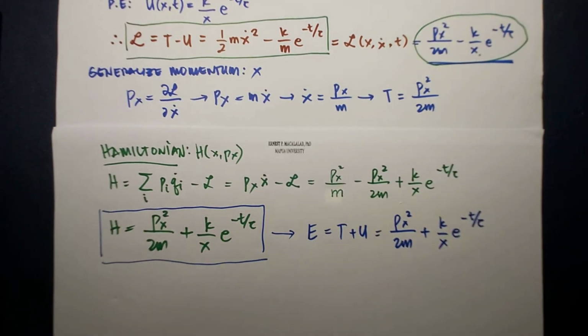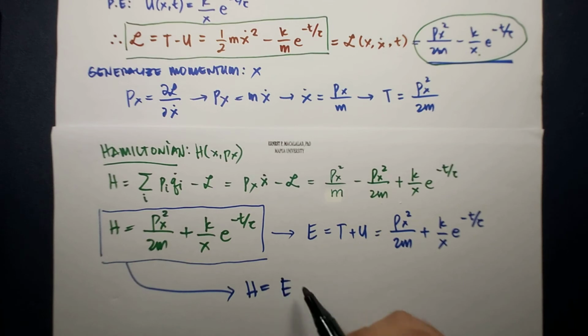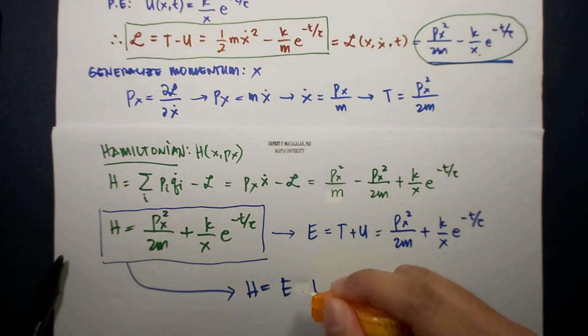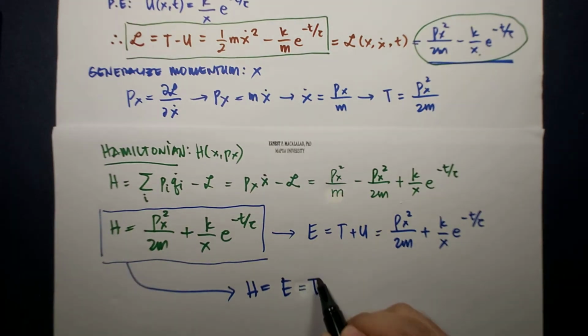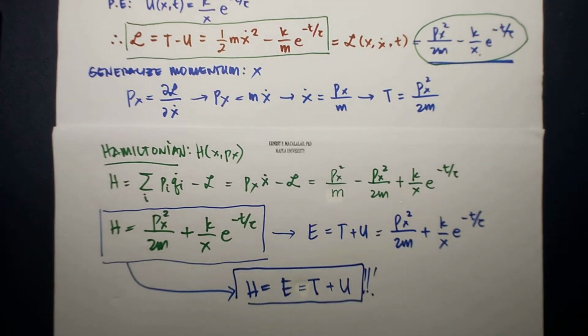Okay, so you will notice that the Hamiltonian is indeed equal to the total energy E, which is equal to T plus U. So the total energy is equal to the Hamiltonian.